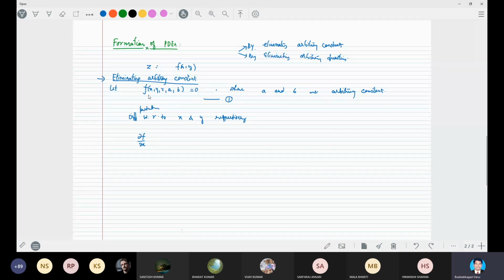Usually we know the chain rule, right? How we can differentiate a function which involves many variables.